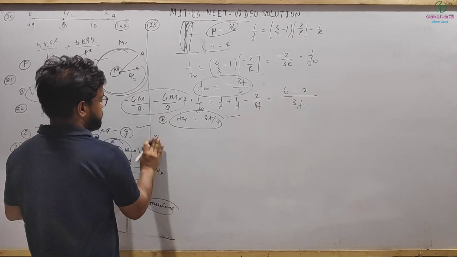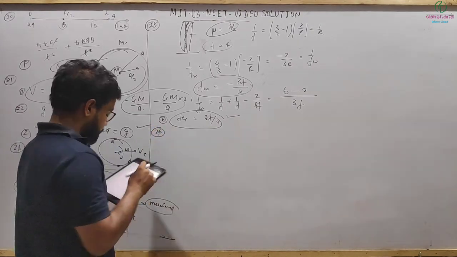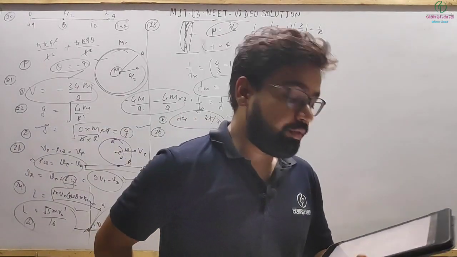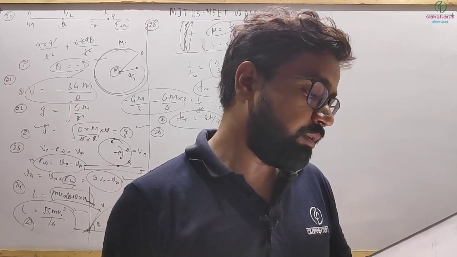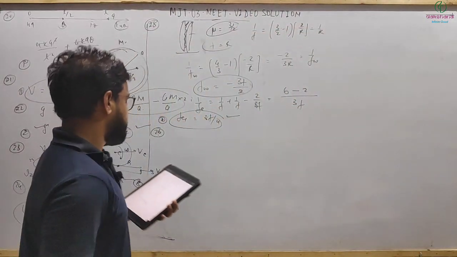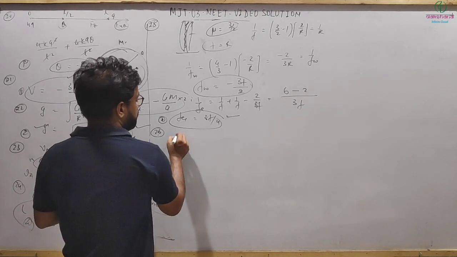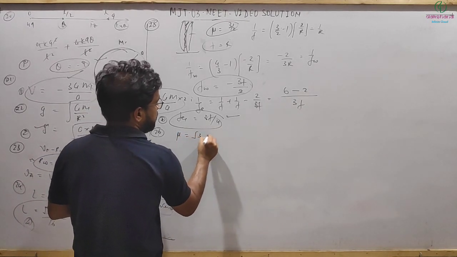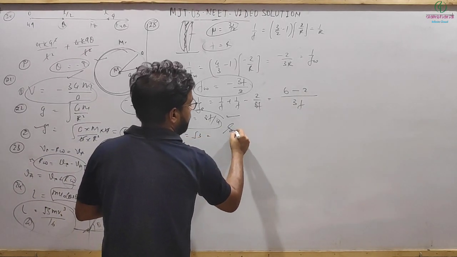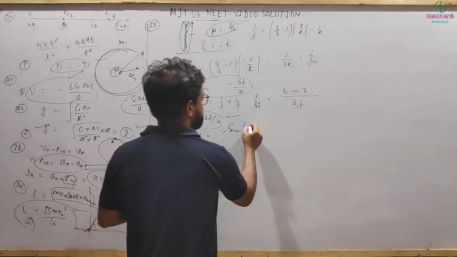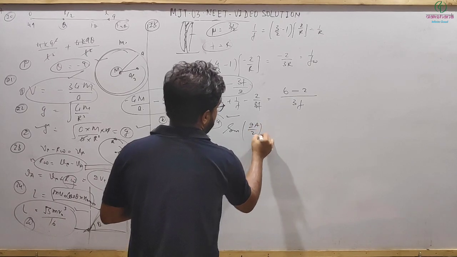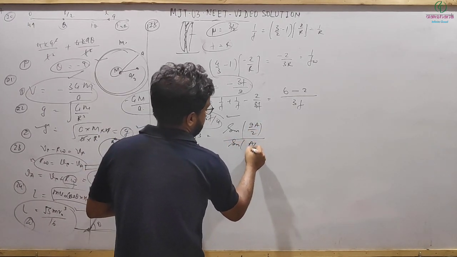Question number 26. Here, for a glass prism, mu is given as root 3. Angle of minimum deviation is equal to the angle of the prism A. So mu equal to root 3 equal to sine of (A plus delta minimum) by 2 over sine of A by 2, and delta minimum and A are the same. So this is sine A over sine A by 2.